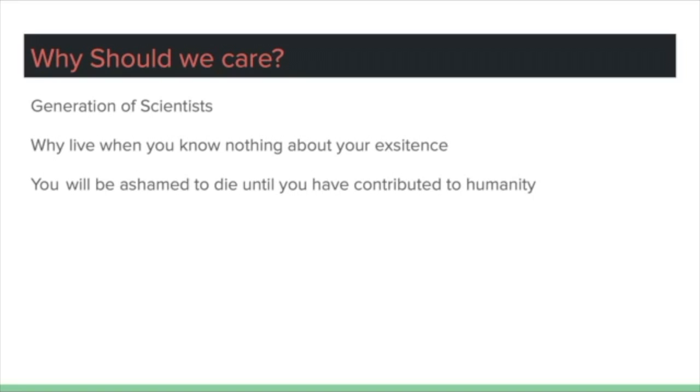Why do we need computational astronomers? Because let's just say you wanted to know everything about your existence. Okay? Everything. Humans ask questions, right? They want to know everything about themselves, like where they began, like the Big Bang.